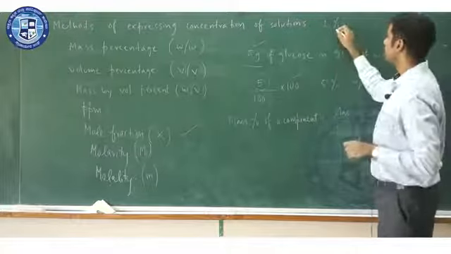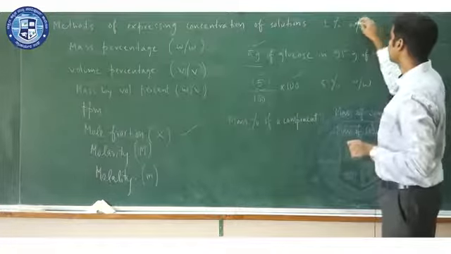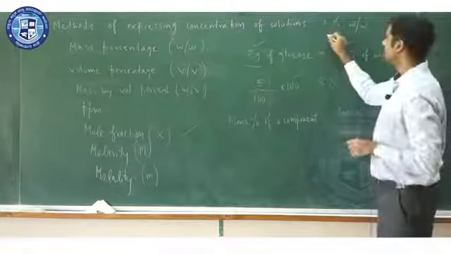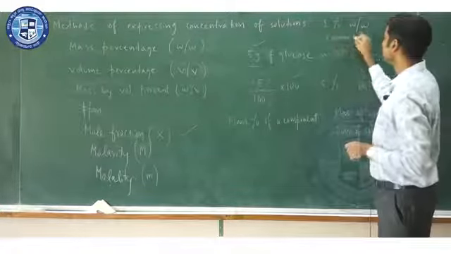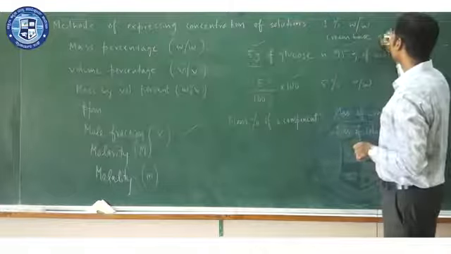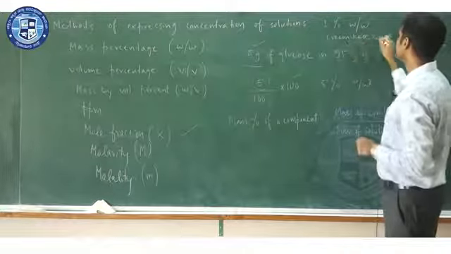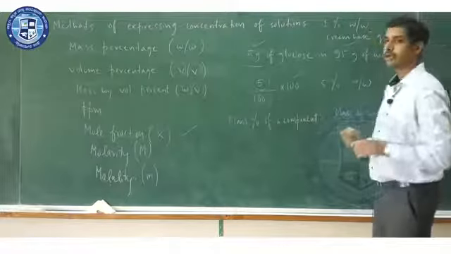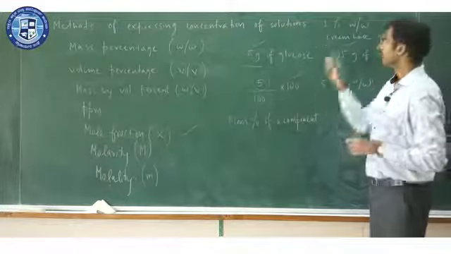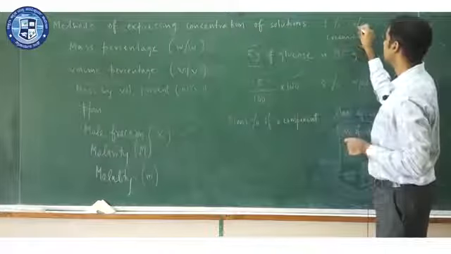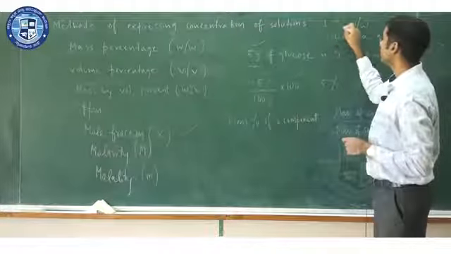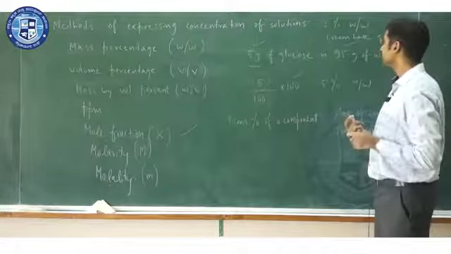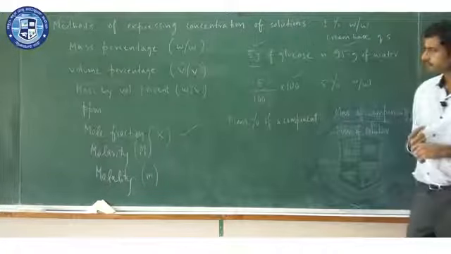It is present in terms of mass percent, and the remaining part will be a cream base, whose quantity is sufficient to make it to 100%. 1% W by W, the weight of the component is expressed in terms of grams.